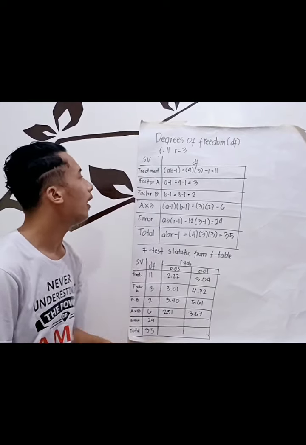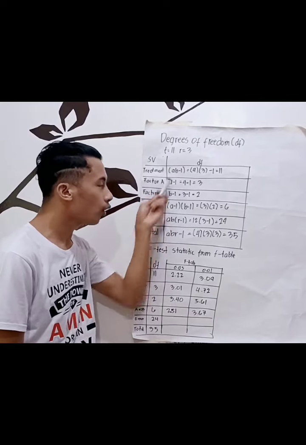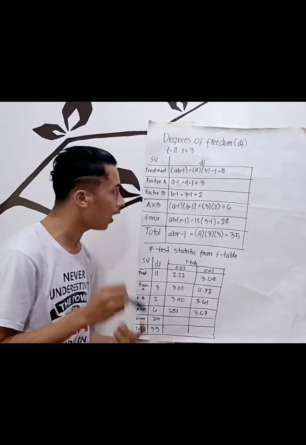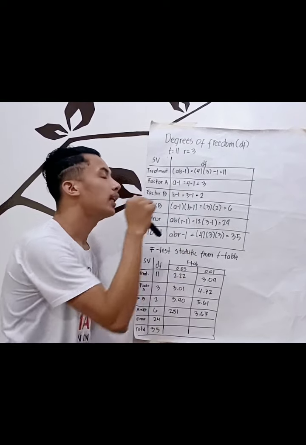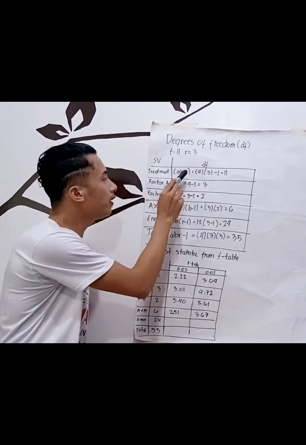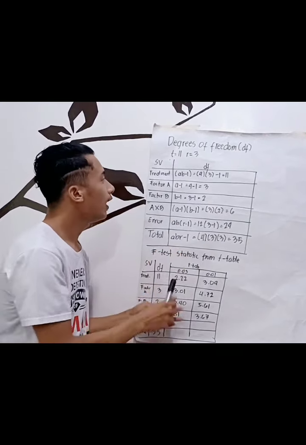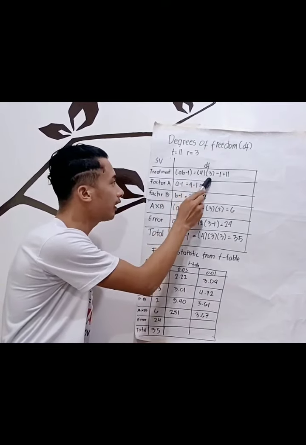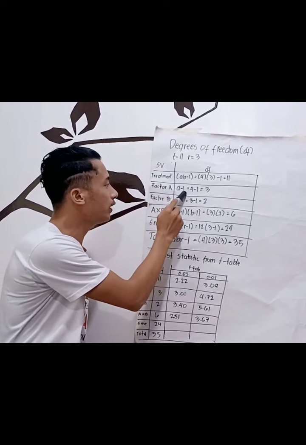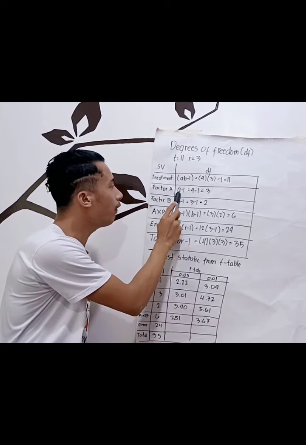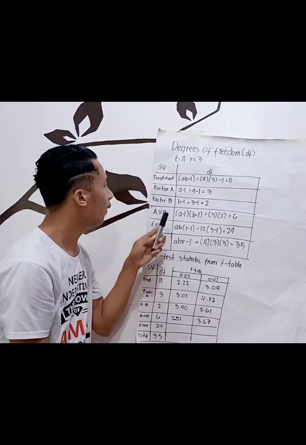Our treatment, AB minus 1, is 4 times 3 equals 12, minus 1 equals 11. That is easy: we got 4 for A and 3 for B. Factor A minus 1 equals 3, since A is 4.